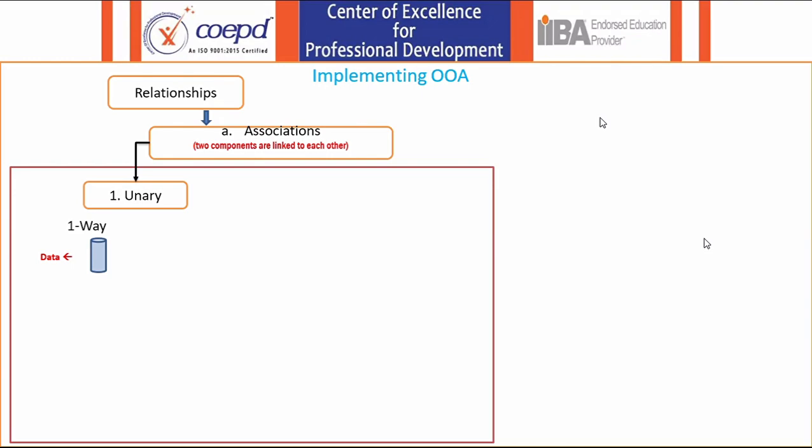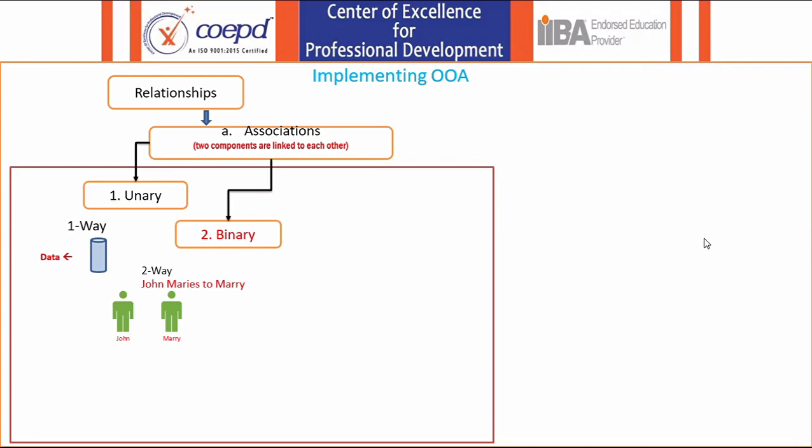Now, the second one is binary. Binary means two. That means by default, once you look at the relation one way, the other way is also implemented, right? For example, to understand simply, John marries Mary.